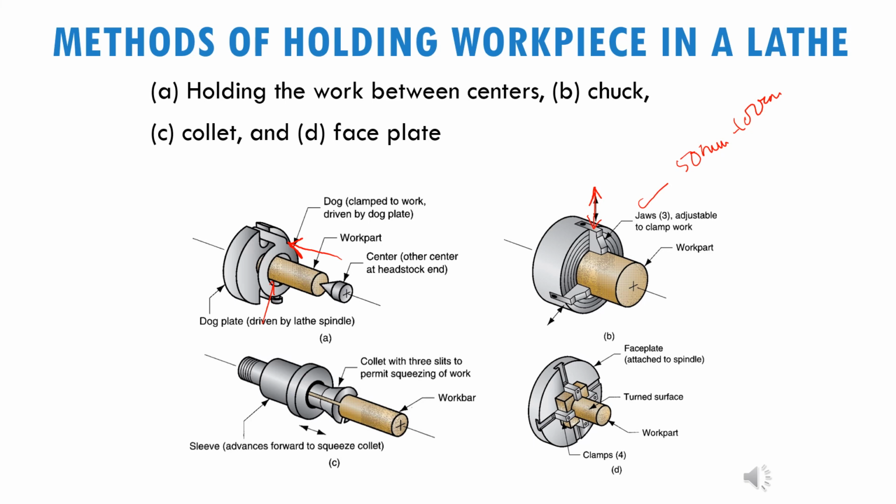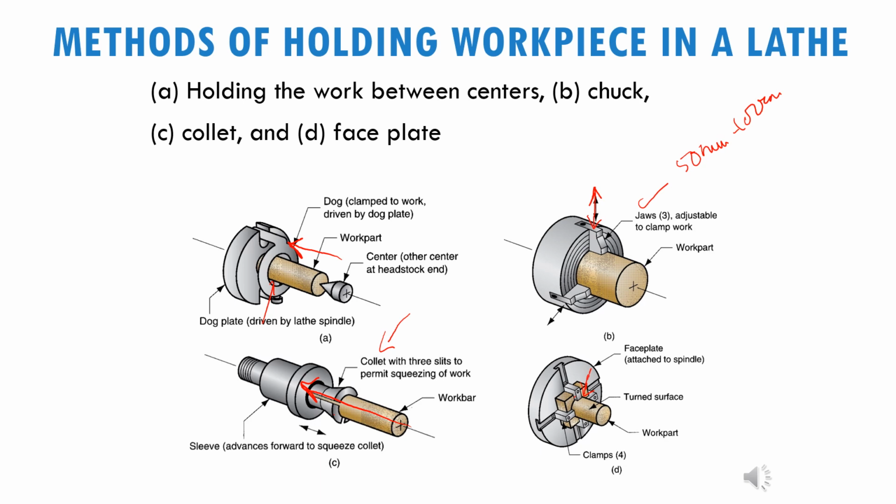Okay, so collet is quite the same with the dog, only the type of the holder is different. Okay, so this is a collet. So what you have to do is just push inside here so that the friction will hold the workpiece together. And we also have the faceplate. So faceplate is attached to the spindle, and this one you can open and close it.